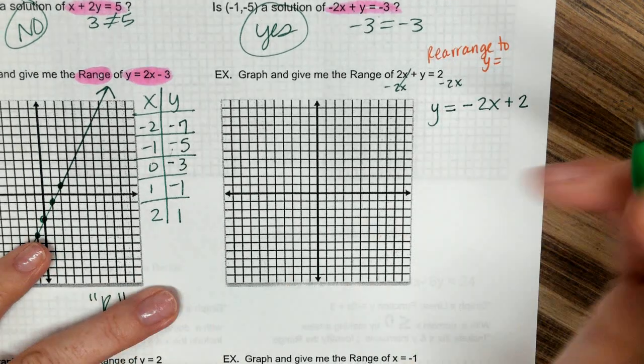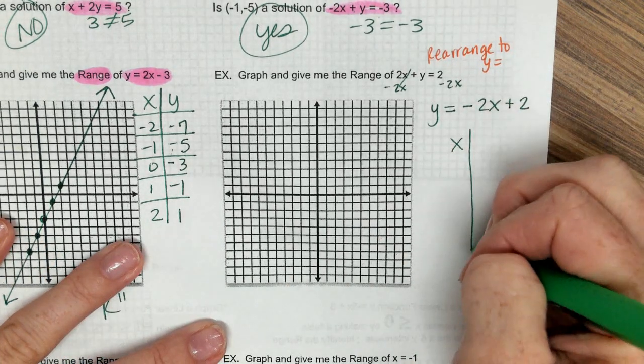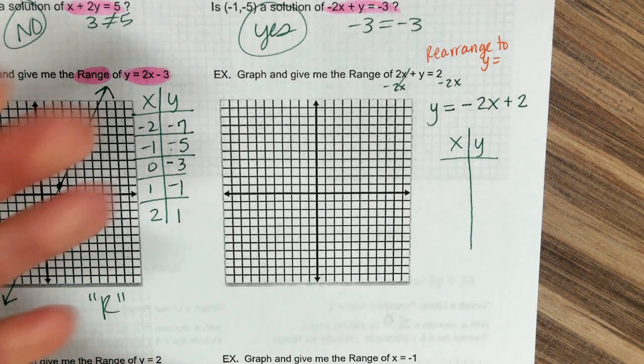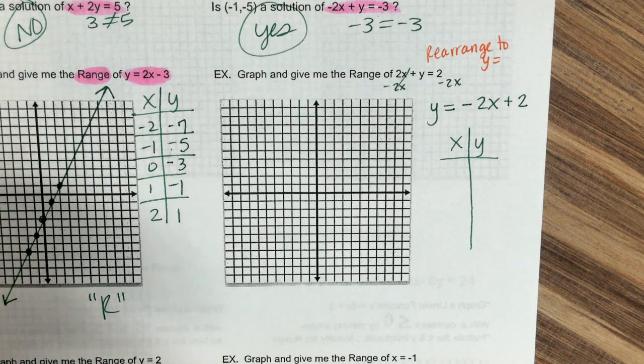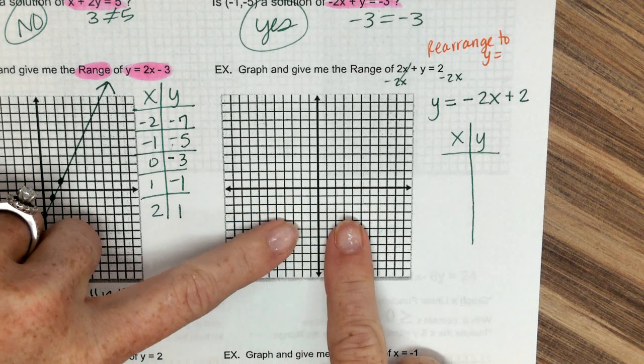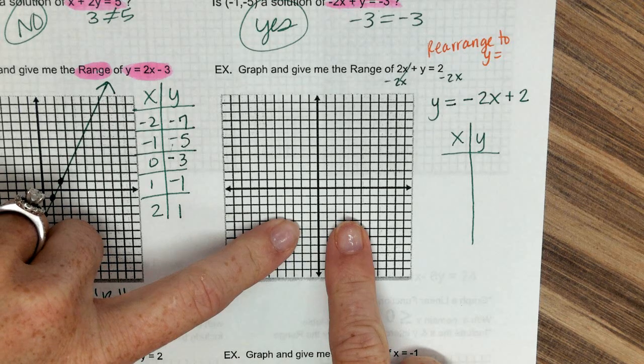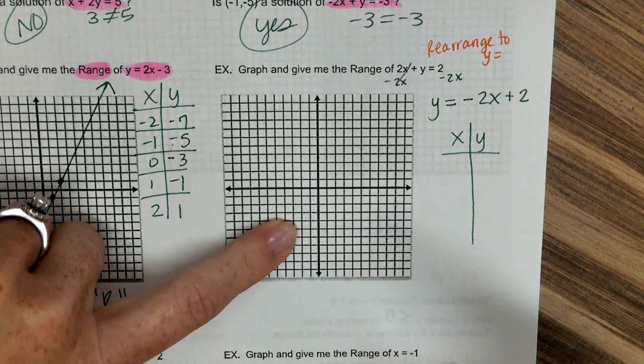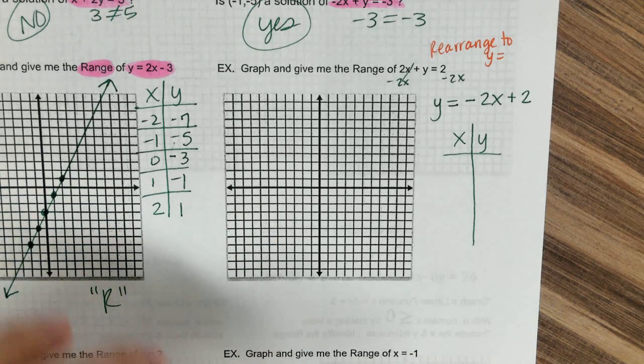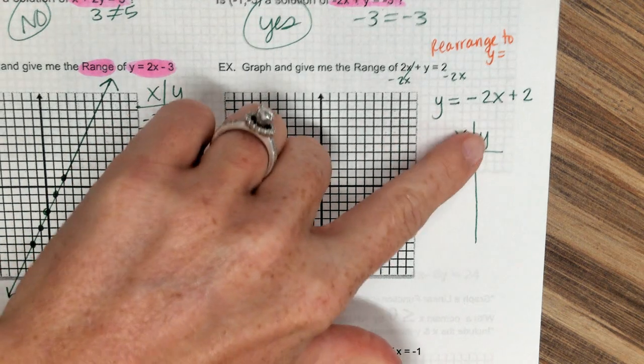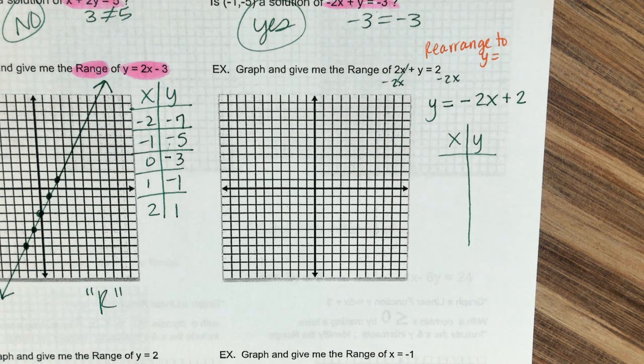Now I can make a table. Did they specify a domain for me to use? So can I pick it? Now what I pick obviously needs to fit on this graph, right? Because it would be stupid for me to pick 30, 40, 50 when that doesn't even fit on this graph. Even though it would technically work, I need it to fit on my canvas, my coordinate plane, my window of what I see.